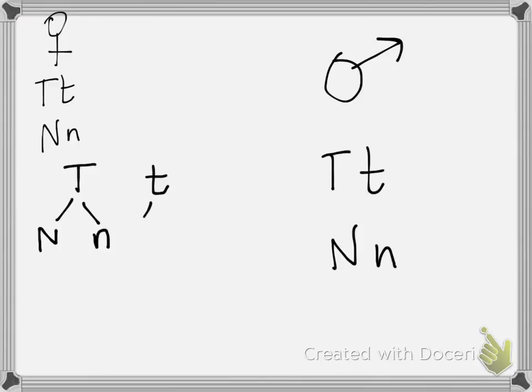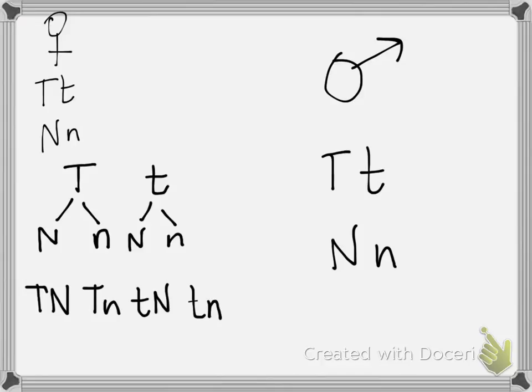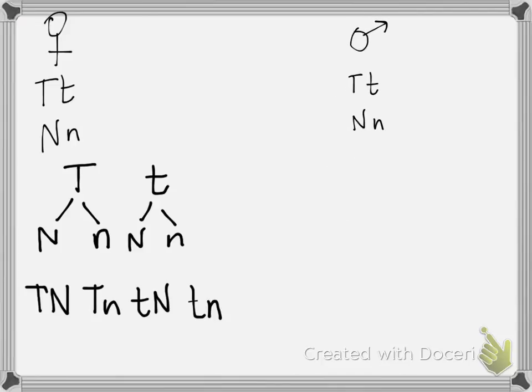Every little t egg can have a big N or a little n. So mom has big T big N, big T little n, little t big N, little t little n. Well, what does dad have for possibilities? Same thing. So dad's are going to be identical. We can actually just copy this whole thing.